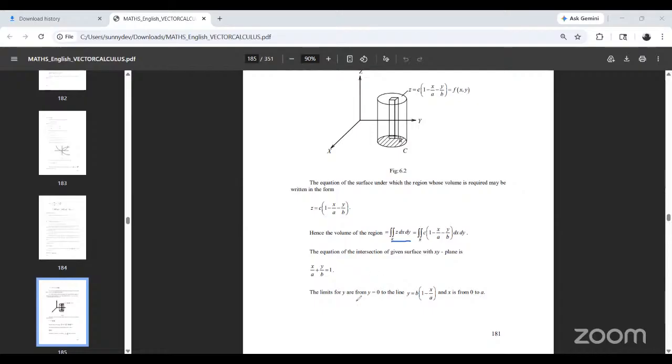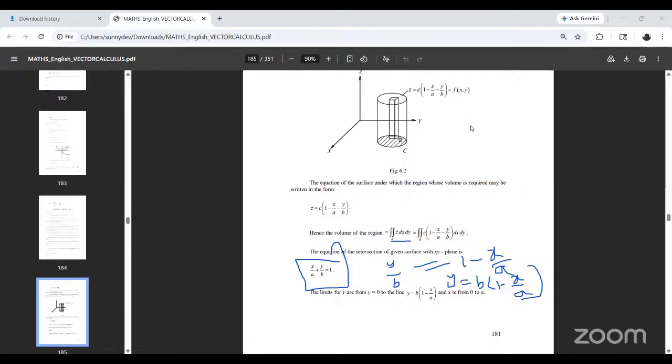So y by b equals 1 minus x by a, so y equals b into 1 minus x by a. These are the y limits.